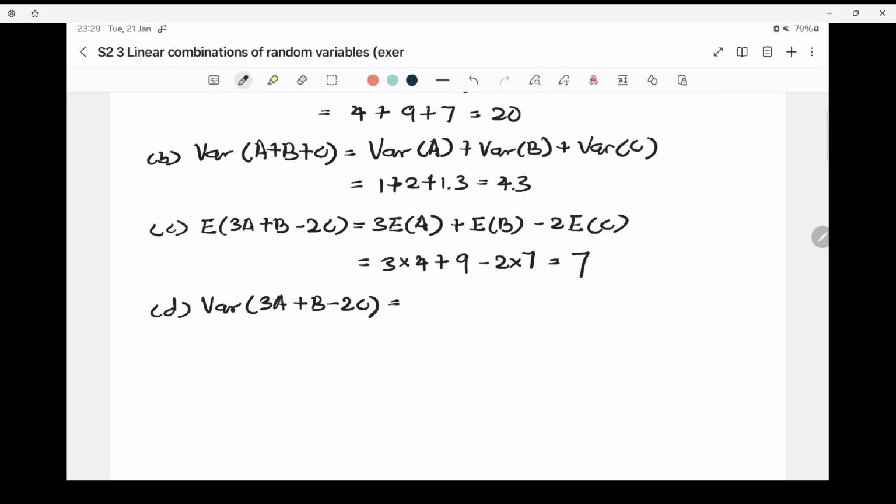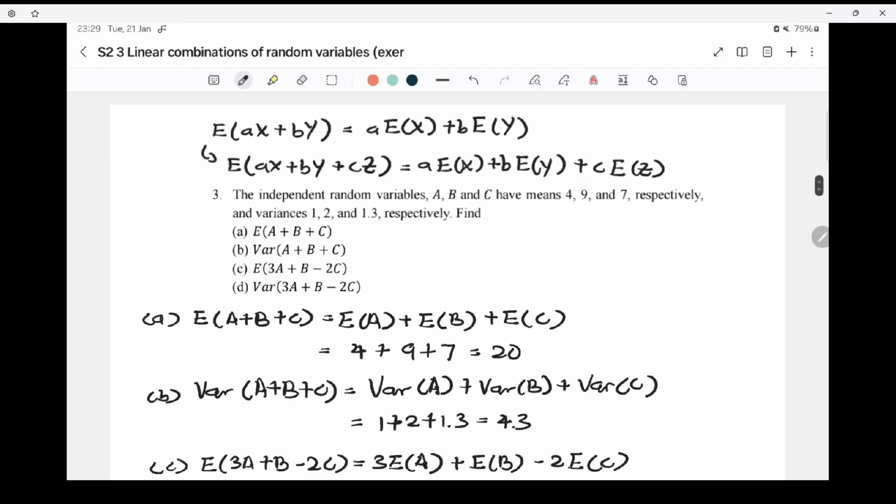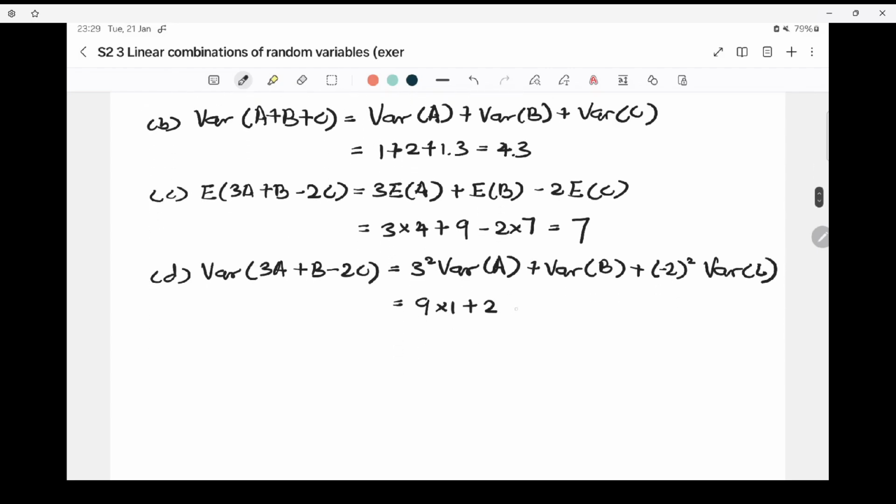So this will be 3 squared the variance of A plus the variance of B plus minus 2 squared the variance of C. So this will be 9 times 1 plus 2 plus 4 times 1.3, which gives us 16.2.